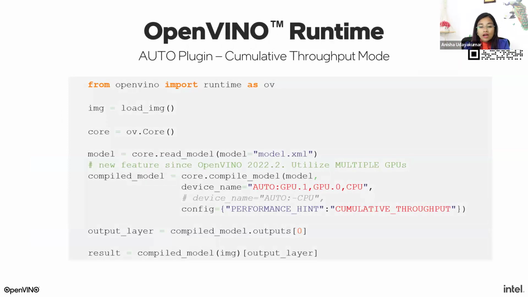And again, you will be seeing more code today, as I mentioned. This is how cumulative throughput mode works. So if you're building solutions for businesses, there are multiple things that we give priority to. One is throughput, and the other one is latency.